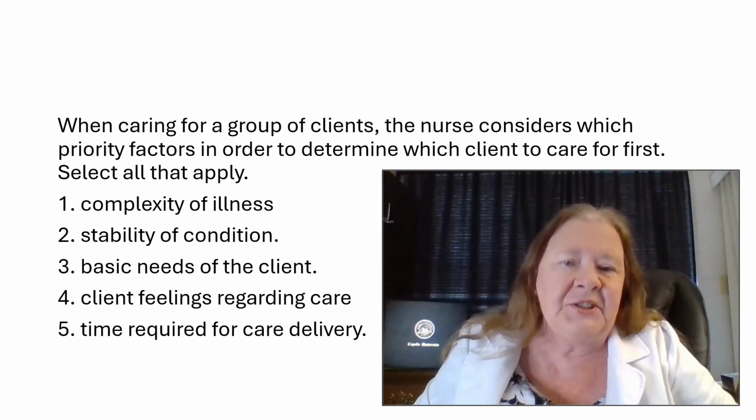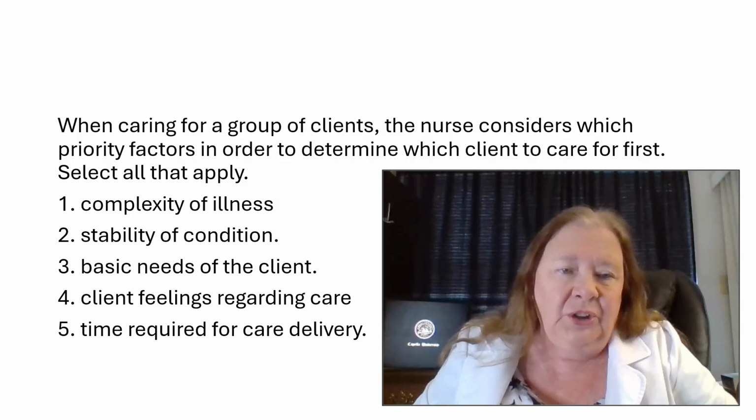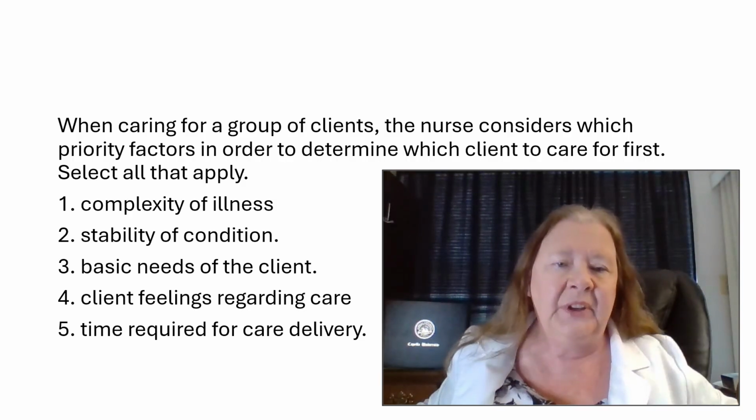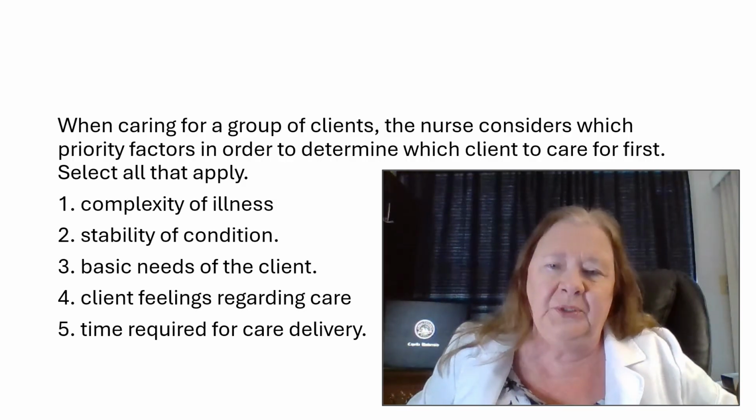Number 1, complexity of illness. 2, stability of condition. 3, basic needs of the client. 4, client feelings regarding care. Or 5, time required for care delivery. And we'll give you a minute on this one. You can pause and see how you can answer this one.